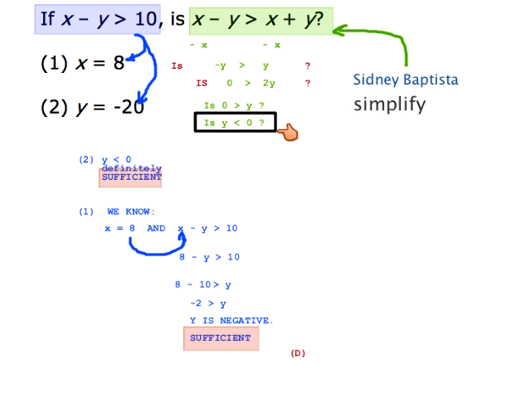But unless you can genuinely simplify something, or unless you have some other good reason to do that, like, for example, if you move y over there and get 10 plus y, and one of the statements had 10 plus y in it, then you would have a good reason to try to do that. But here, I'm not really seeing any good reason to do it. So efficiency-wise, I wouldn't do it. But you can. I just don't really see the point.